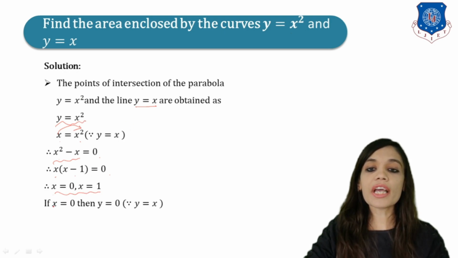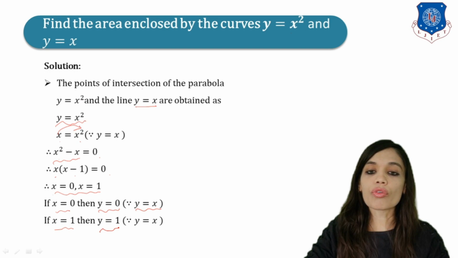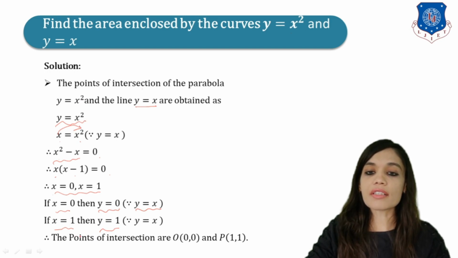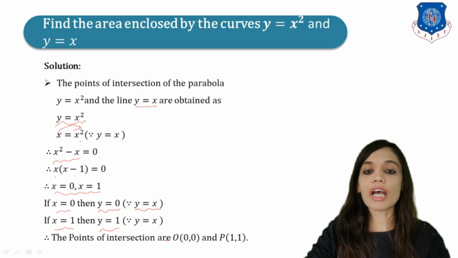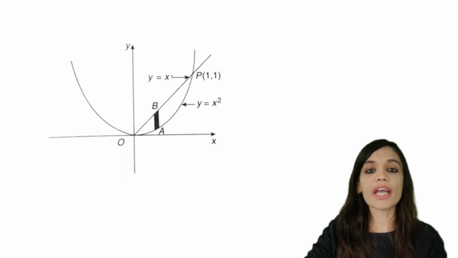Okay. Now what we have? y equals x, right? So whenever x equals 0, y is also 0. Whenever x equals 1, y is also 1. Okay. So from this our points of intersection are (0, 0) and (1, 1). Okay. So now let us draw the graph of the parabola and line.